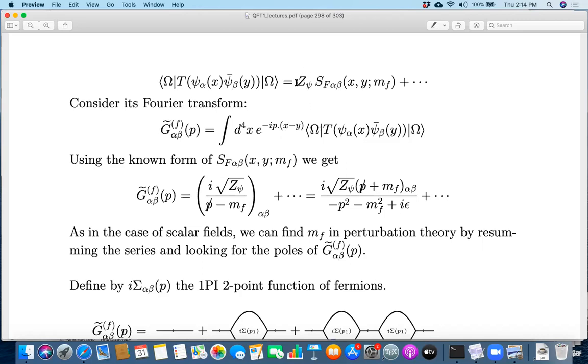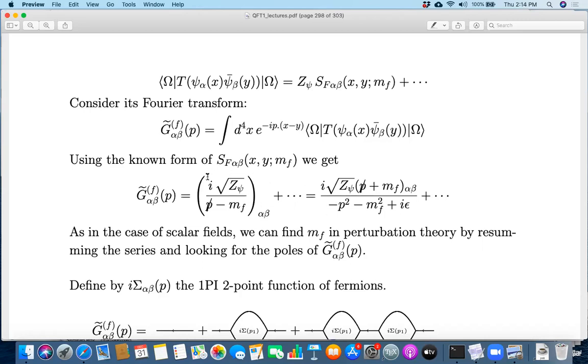So when you substitute, you get z psi times the fermion propagator in momentum space, and that you know is i over p slash minus mf. Okay, m has changed to mf, and then this is z psi. And then the dots represent multi-particle contributions, which we'll not worry about right now.